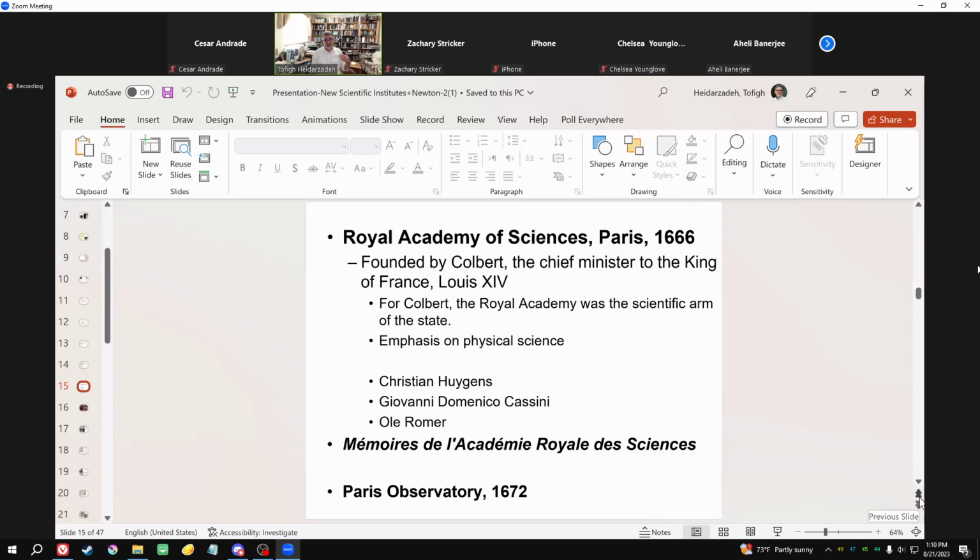It was a very interesting discovery, and they published their findings in the journal Memoirs of the Royal Academy of Sciences, and these people established one of the largest modern observatories in Paris, the Paris Observatory. Here you see Colbert presenting the members of the Royal Academy of Sciences to Louis XIV.